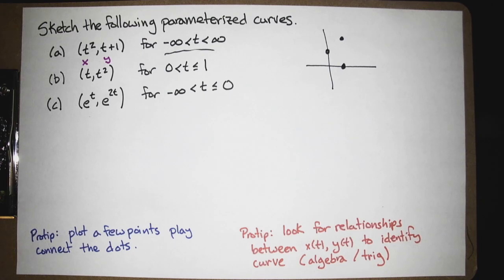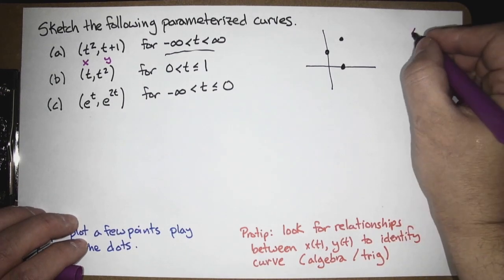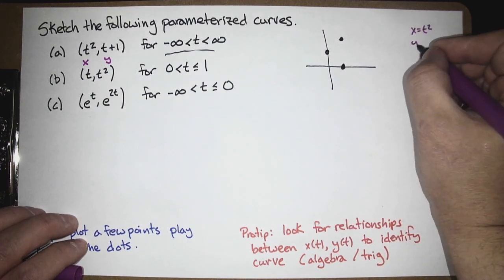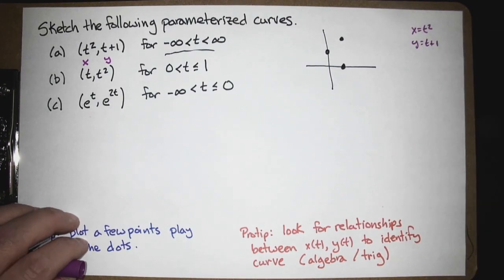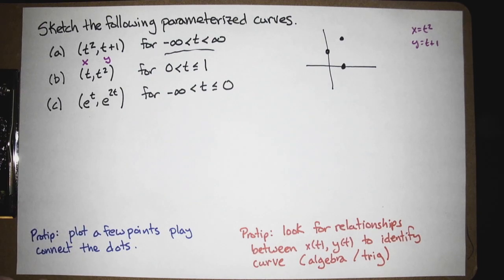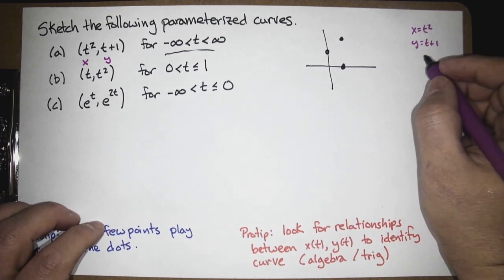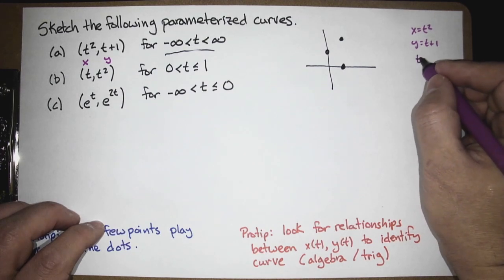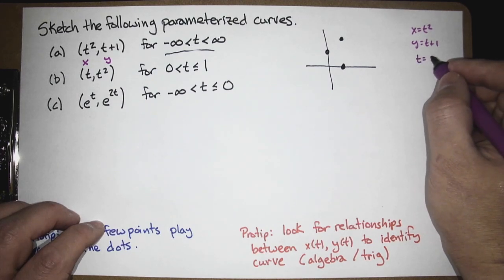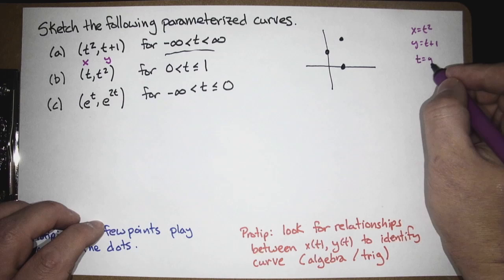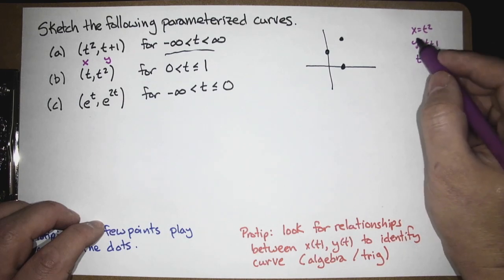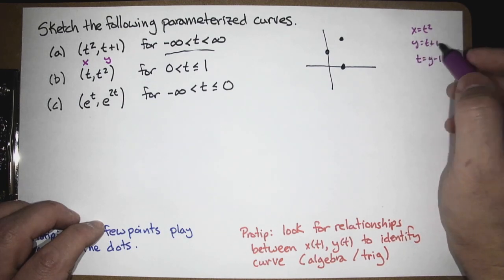So x equals t squared, y equals t plus 1. So y equals t plus 1. I can solve for t. What is t? y minus 1.